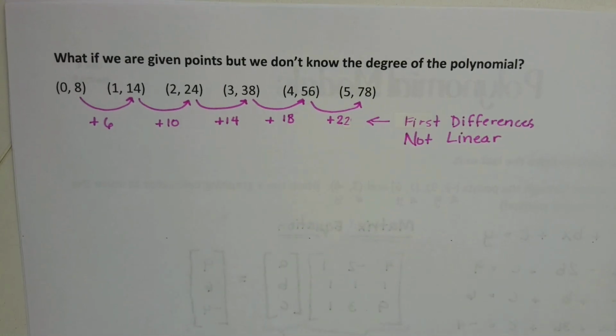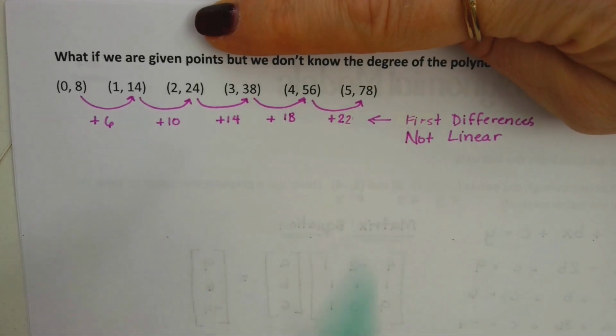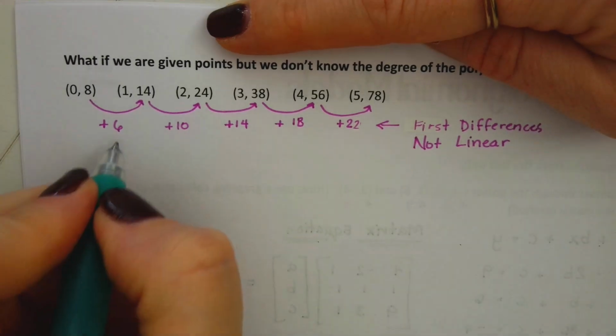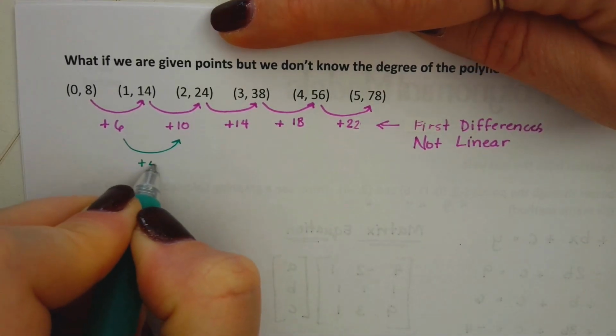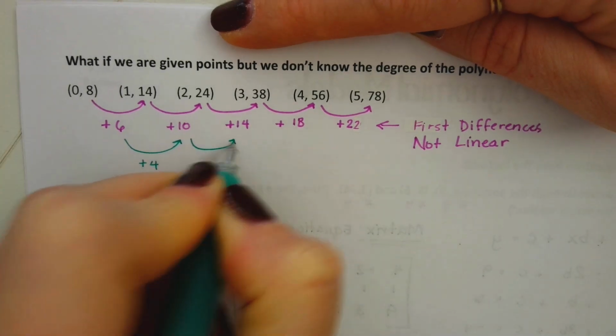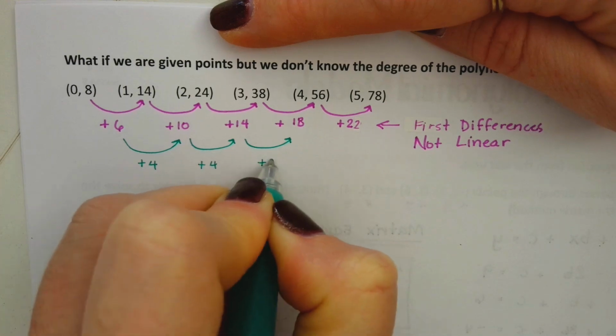The second differences. The second differences are the differences between these differences. So 6 went to 10, which is an increase of 4. 10 went to 14. That's also plus 4.